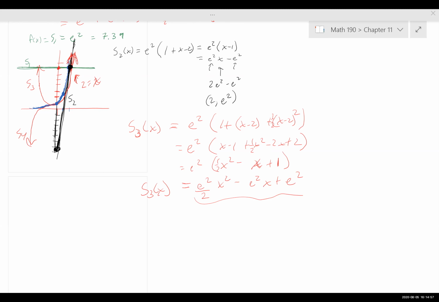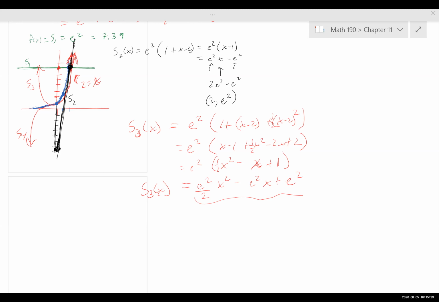So y equals e squared. Let's see what that looks like. Looks like that, right? What was our original function? We'll plug that in at the end. What about y equals e squared times x minus 1, I think it was. Yeah, x minus 1, not 2, x minus 1. Boom. There we go.